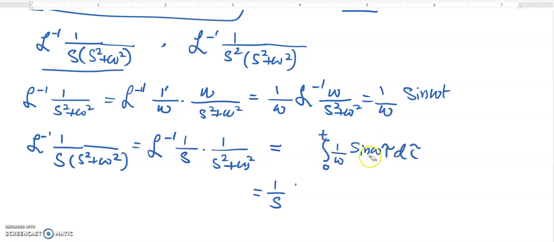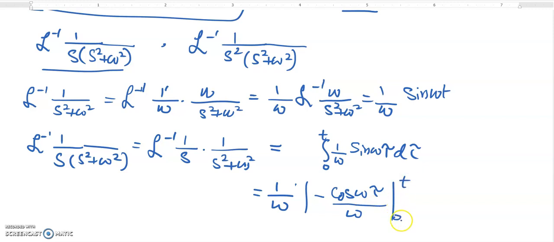So there will be no 1 over s, and this will be 1 over omega, and then we will integrate sine omega tau. So this will be minus cosine omega tau divided by omega. Then the limits we will apply from t to 0.